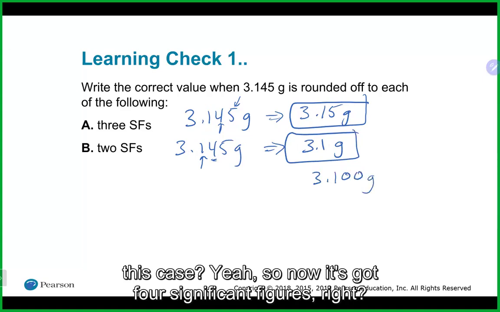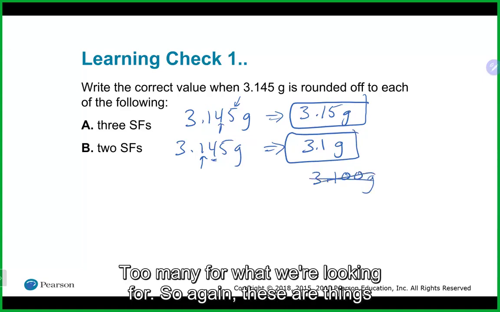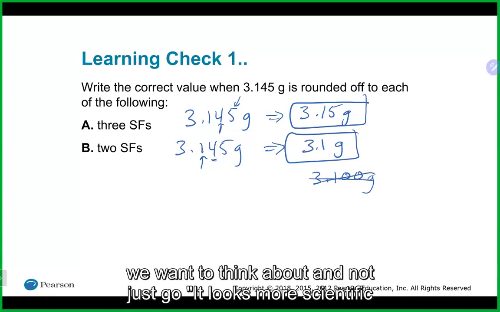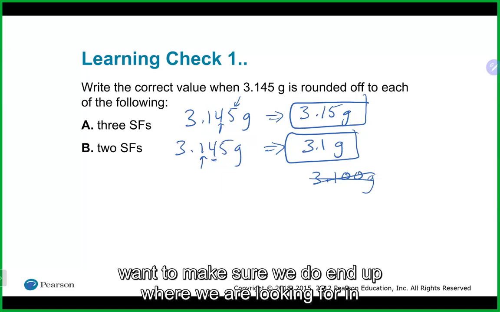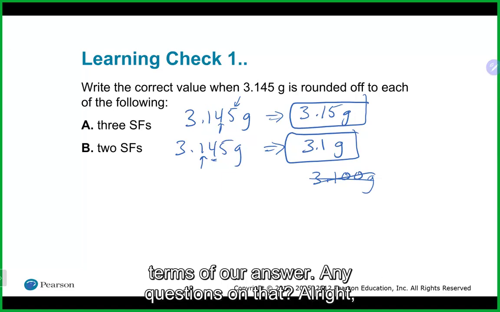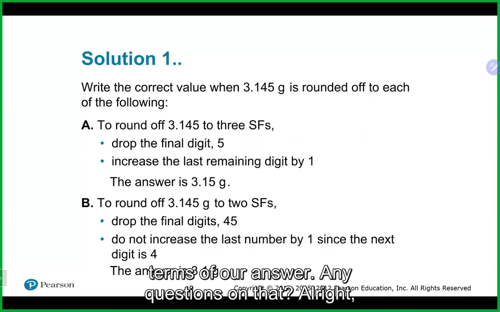Yeah, so now it's got 4 significant figures, right? Too many for what we're looking for. So again, these are things we want to think about and not just go, it looks more scientific or chemistry-like to put some extra zeros in, right? So we want to make sure we do end up where we are looking for in terms of our answer. Any questions on that?